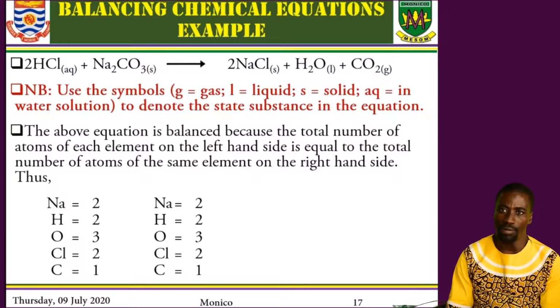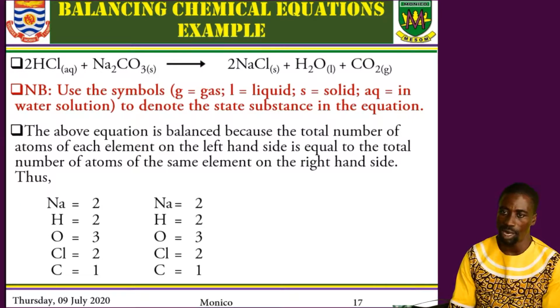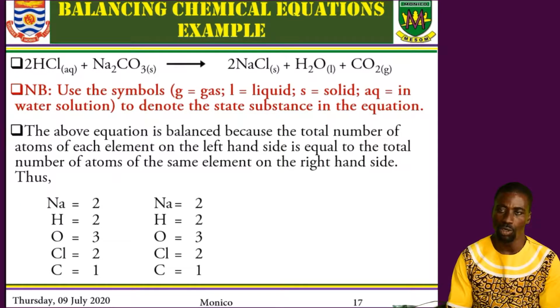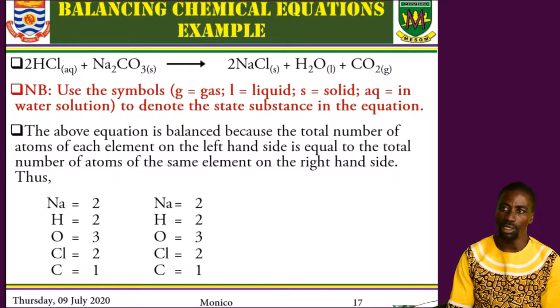Sodium 2 at the left, 2 at the right. Hydrogen 2 right, 2 left. Oxygen 3 right, 3 left. Chlorine 2 right, 2 left. Carbon 1 right, and 1 at the left side. And so this will tell you that the equation is well balanced.